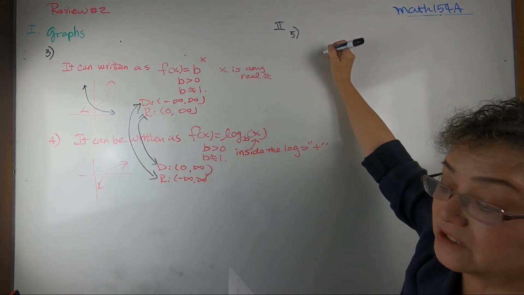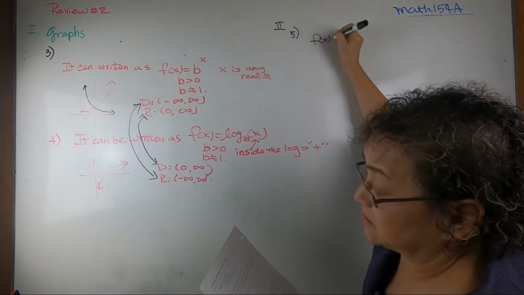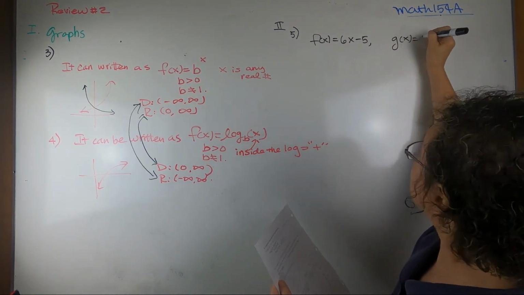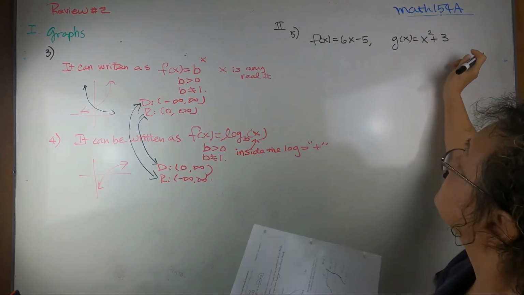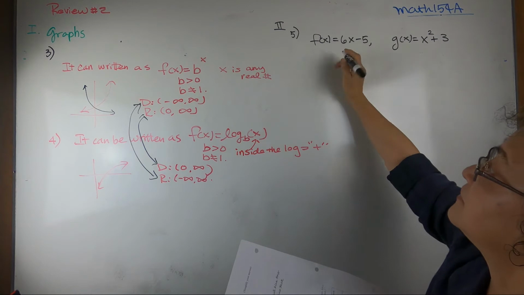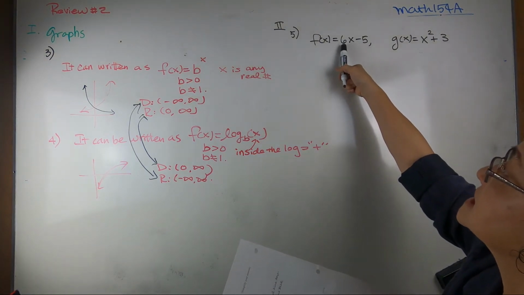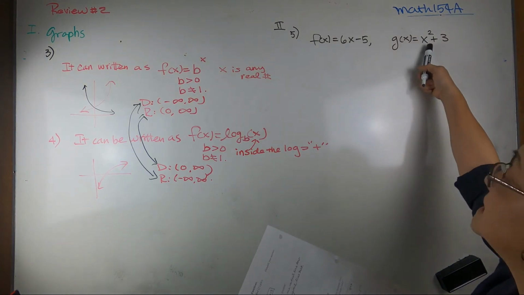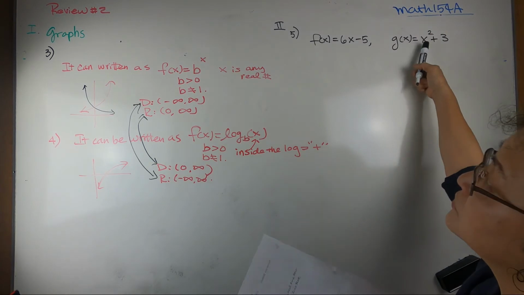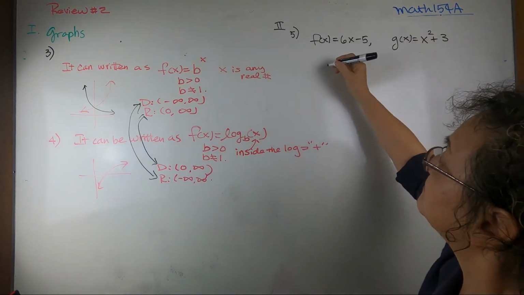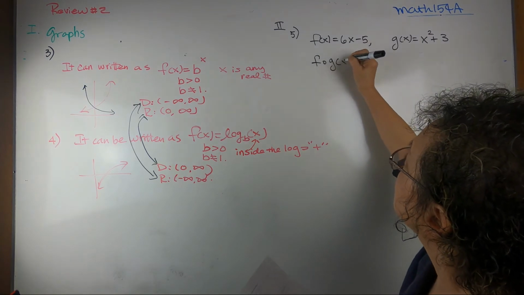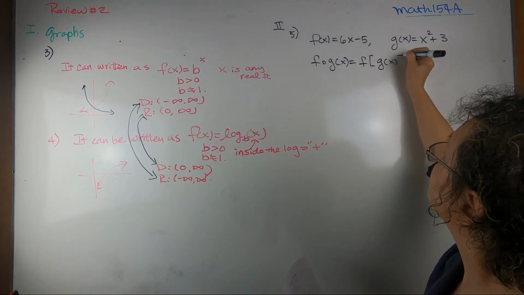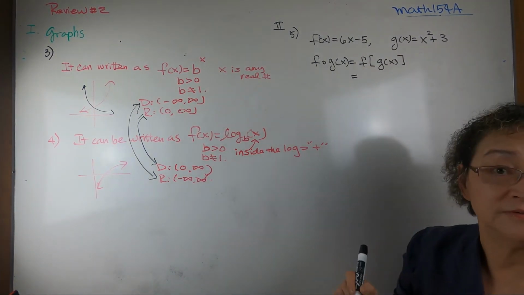So composite function: if I have f of x equals this, and g of x equals this, right? F means you relate x, 6 times more minus 5, to y. Then g means you relate x squared plus 3 to y, right? When you stack them up, when you compose them together, first you write which one you would do first.